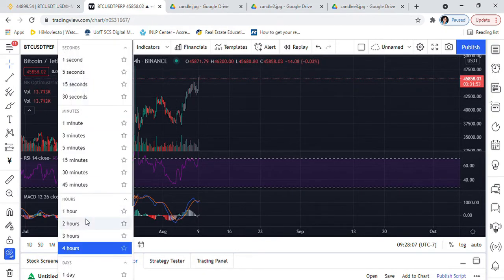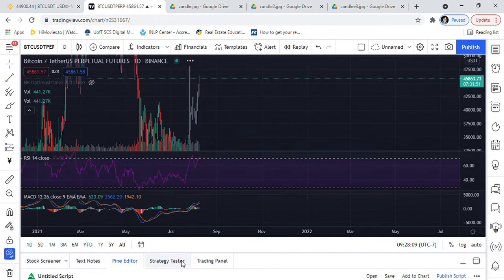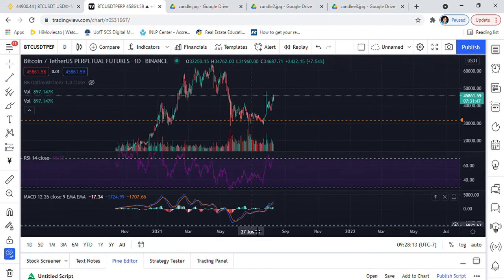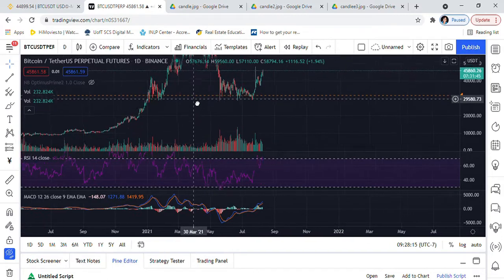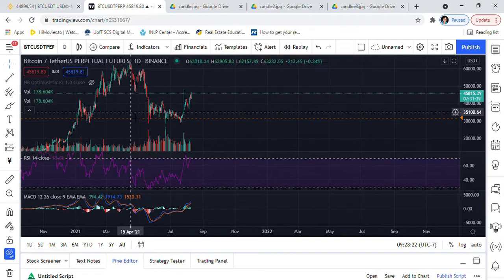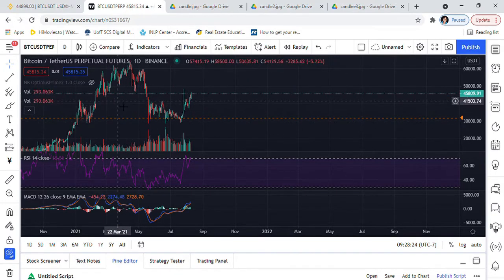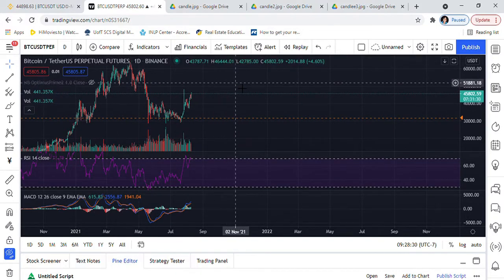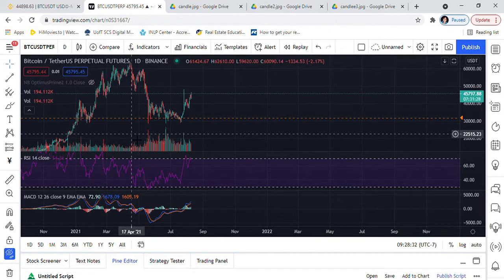But when I go to the 1 day, let's see what the 1 day is telling us. The 1 day chart is not showing that high of a momentum. It's just starting to go up, but it's not that high yet.